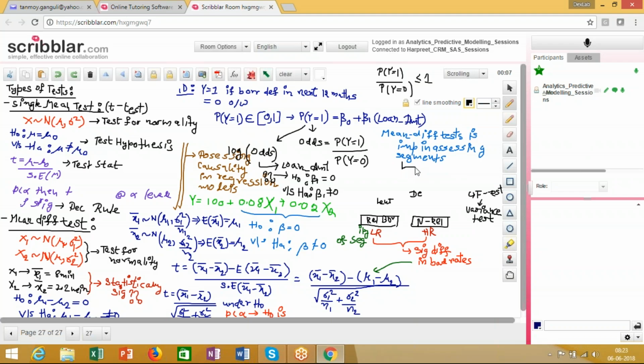So let's take one example of origination for personal loans.